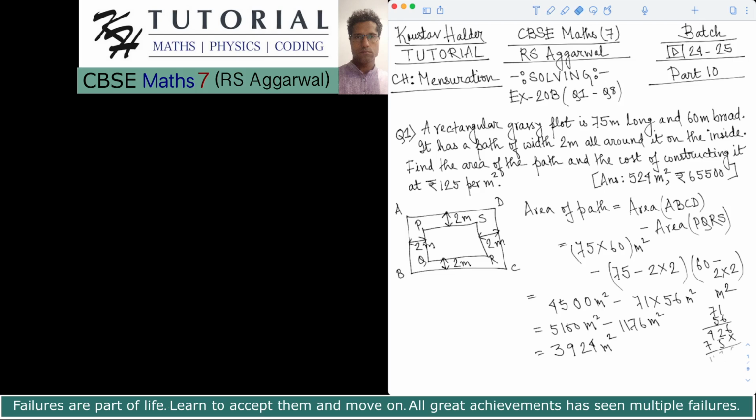Why does it come 1176? 71 multiplied by 56, 6, 42.